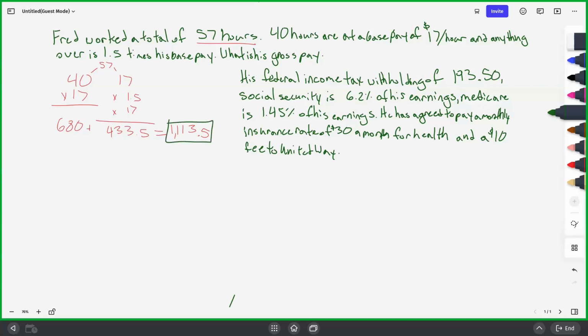Even after other deductions? Yes, you basically always just take the total amount. What the government wants is, you have $1,000 in there, they're gonna take 1,000 times 6.2%. Are we allowed to round? Yeah, you can round to the nearest second decimal. Basically, they want to take a piece of this pie, 6.2% of this pie.